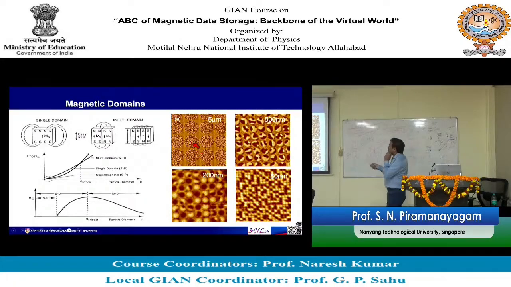For those of you who don't understand what's happening here, we are using magnetic force microscopy, MFM. Magnetic force microscopy basically gives rise to two colors, for example, orange or brown, depending on the magnetic nature of the sample.